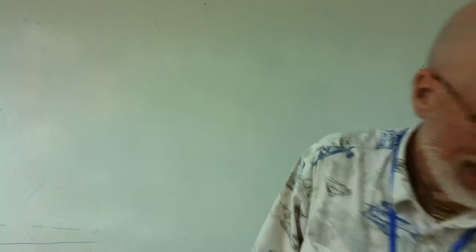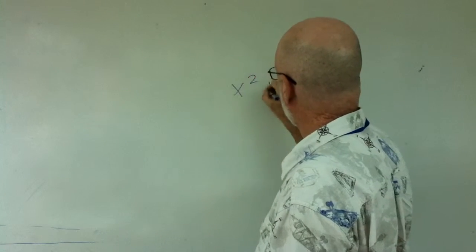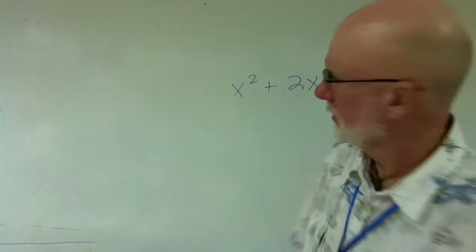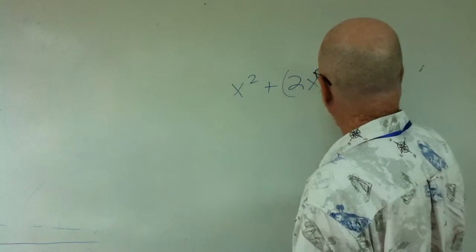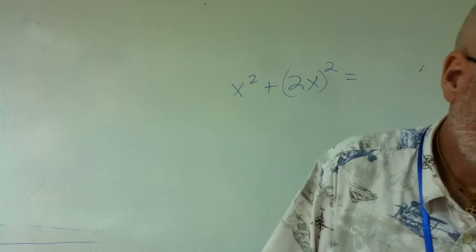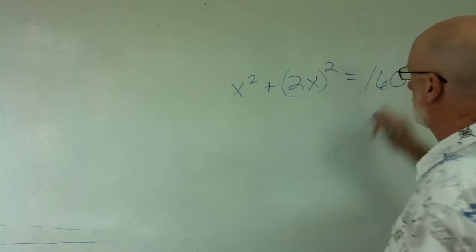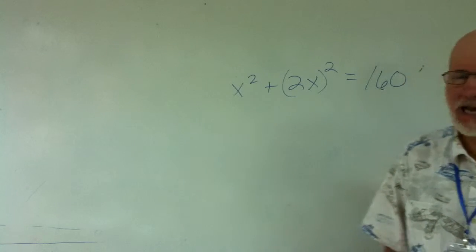We've got x squared plus 2x, squared, equals 160. What's the next line?